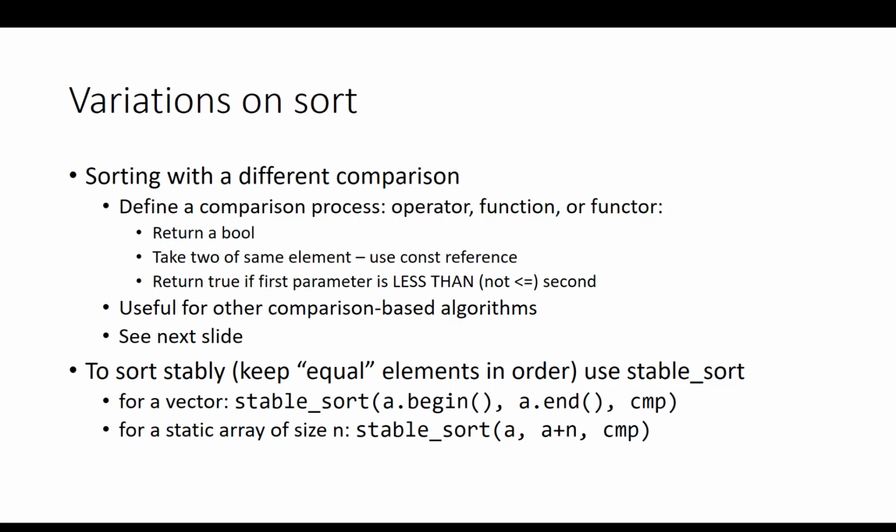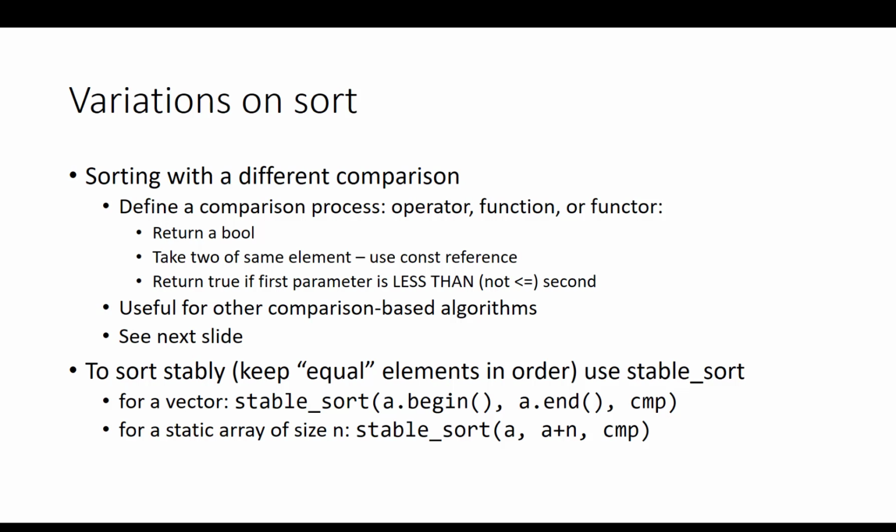So I'm going to give an example of some of these on the next slide, but there's a few different ways to do that. You can write a comparison process that returns a Boolean, and you can either write it as an operator or as a comparison function. There are some other options too, but those are the ones I tend to use the most.